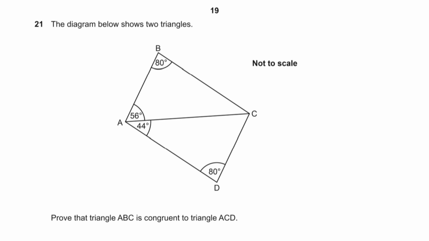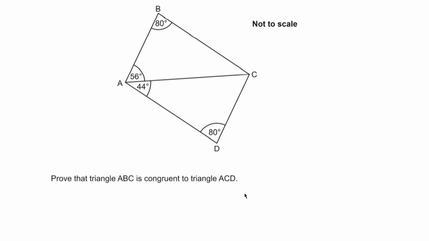So, question 21, we've got the diagram which shows two triangles. We have to prove that triangle ABC is congruent to triangle ACD. Congruent means the same. So how do we do this? Well, let's first of all work out the missing angles.